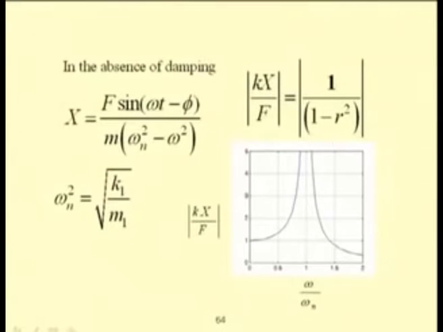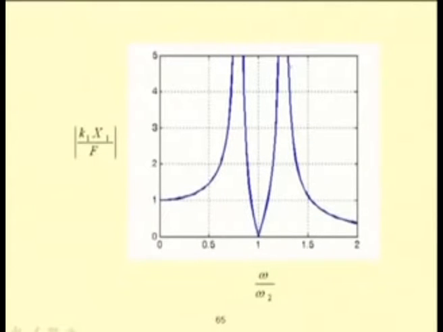So, when omega tends to omega n, this tends to infinity, and to reduce this vibration or to absorb this vibration completely, one can use the secondary spring and mass system. In that case this resonance point is shifted to right and left, and it has an amplitude of 0.